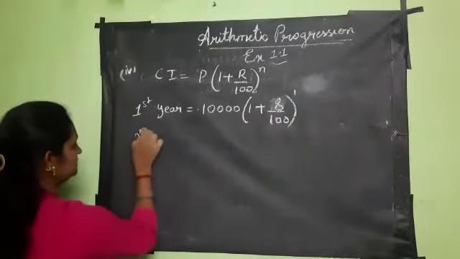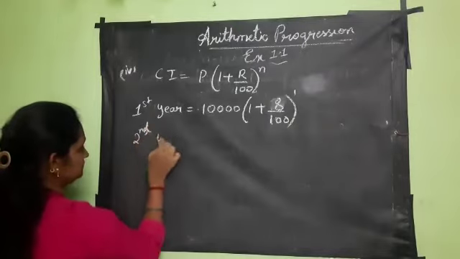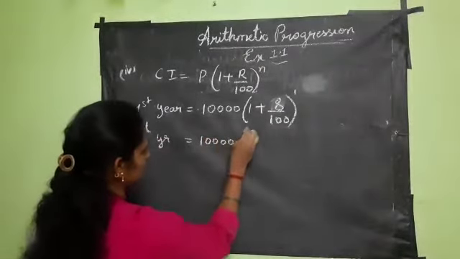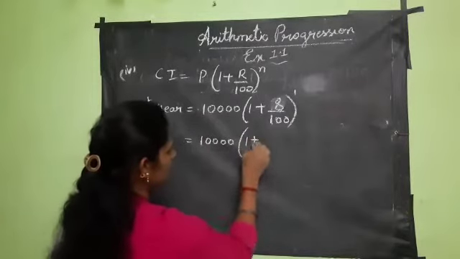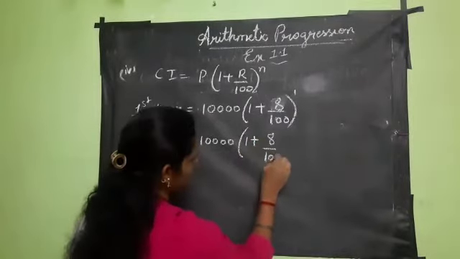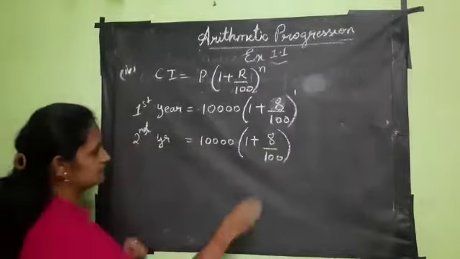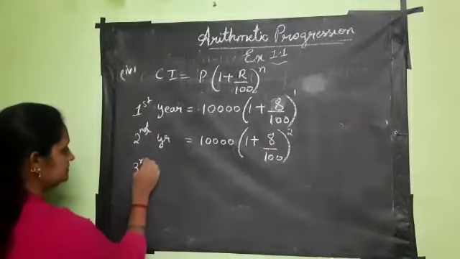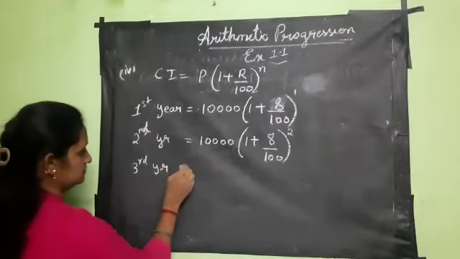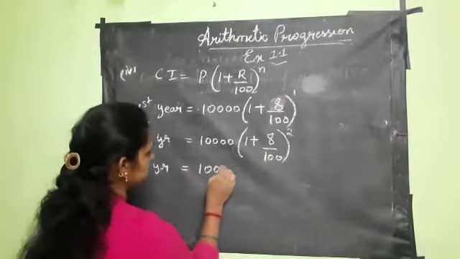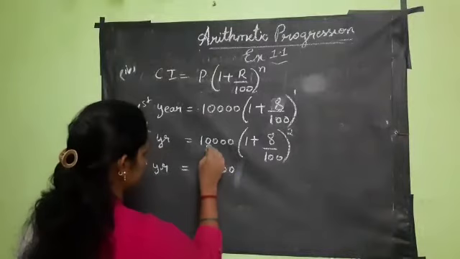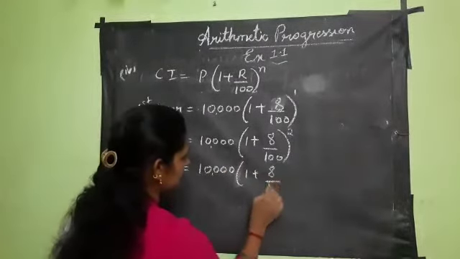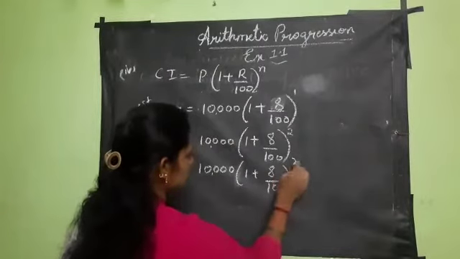For the second year, 10,000 into 1 plus 8 by 100. Since it is the second year, the power will be 2. Third year, 10,000 into 1 plus 8 by 100 whole raised to 3.